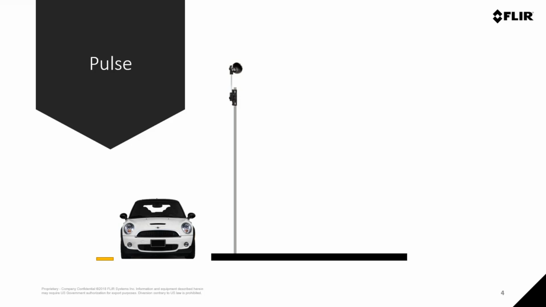But in this case, it will be either a visual or a thermal sensor out there that will look at a vehicle, a pedestrian, a bicycle, and the moment that it detects that vehicle, pedestrian or bicycle, a pulse will be sent to a traffic controller.